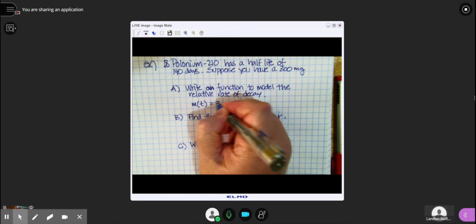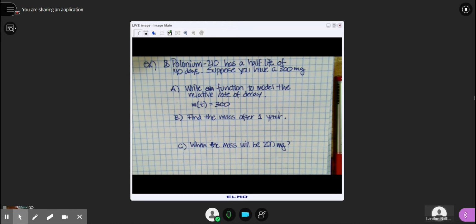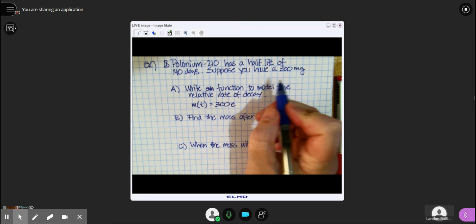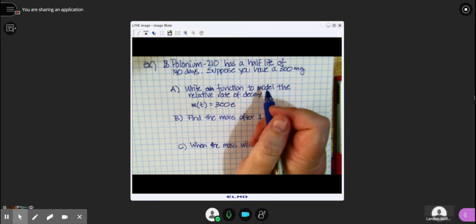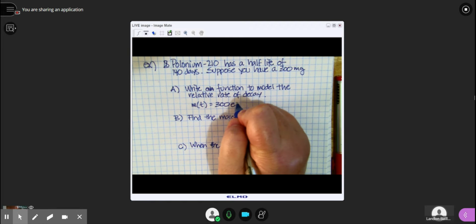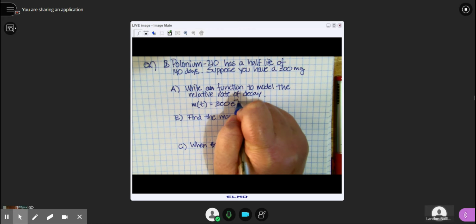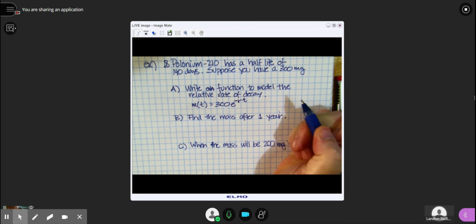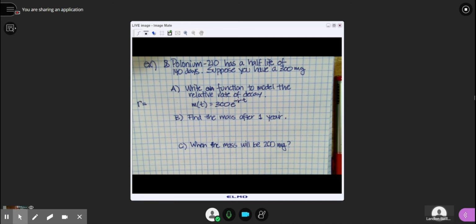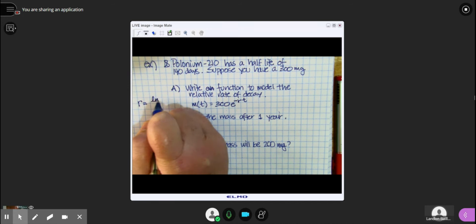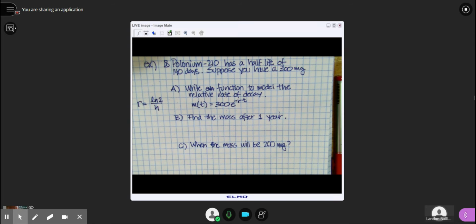That's our m sub 0. It'd be negative rt, you're right. And remember, the rate is the natural log of 2 divided by h, your half-life.